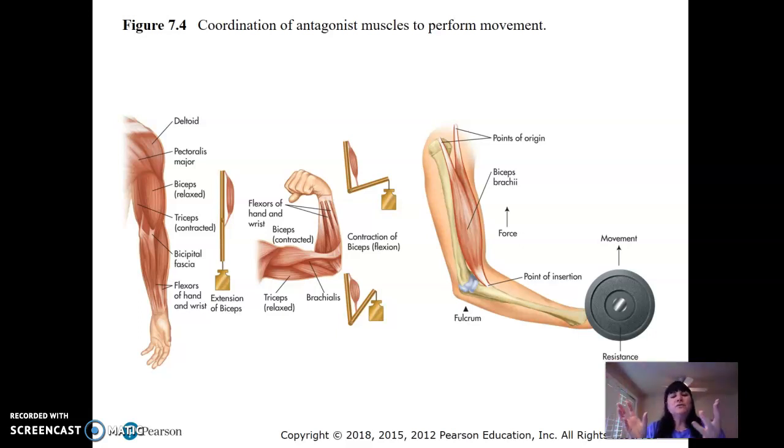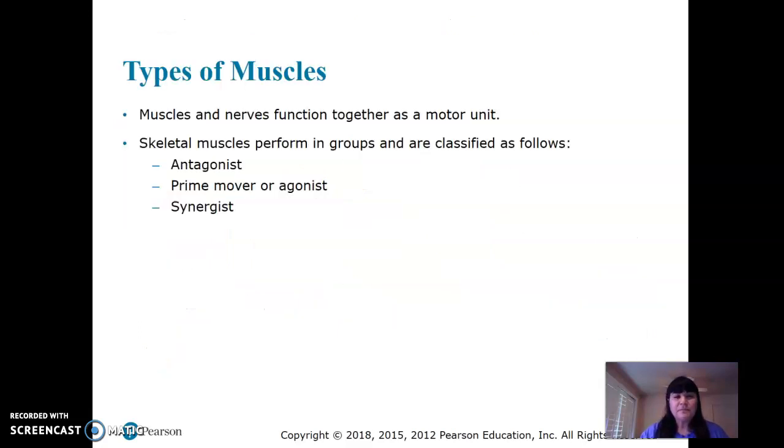And so the muscles that are working together to get a movement are called synergists. The muscles that work together to get the opposite movement are called antagonists. And usually, whatever movement we have, we always have synergists for one action and antagonists for another action. So that's what we're talking about here.